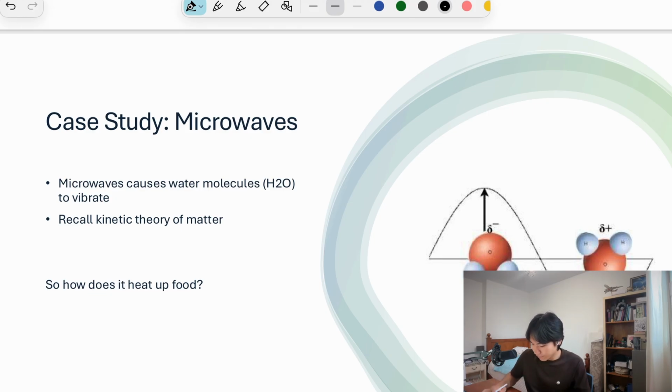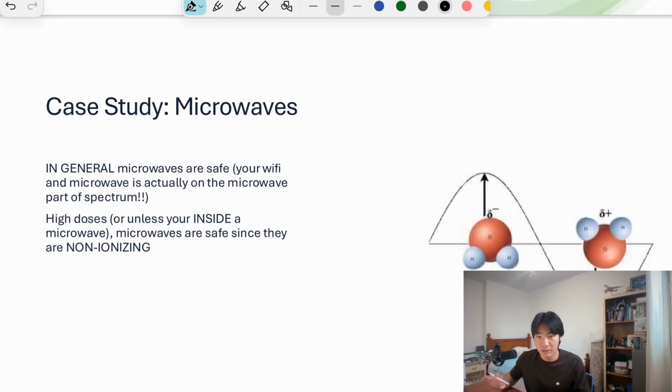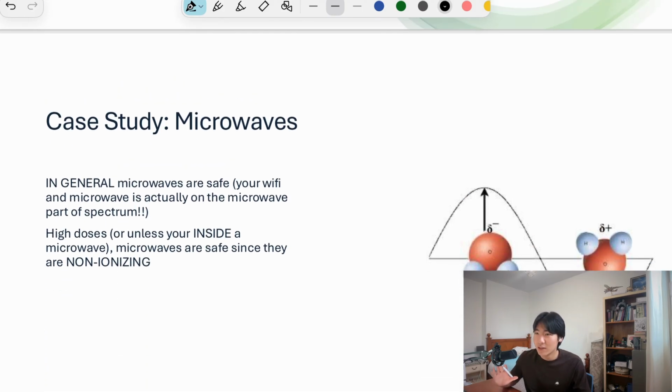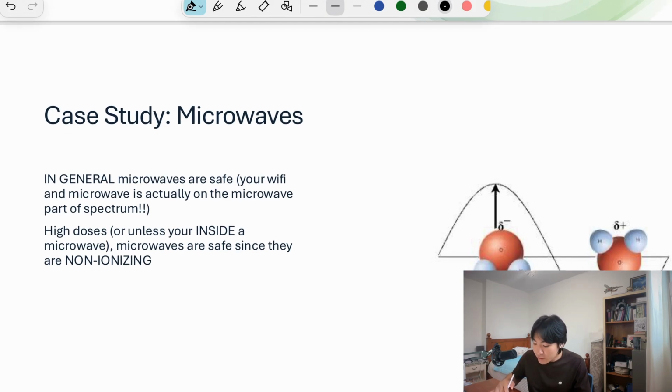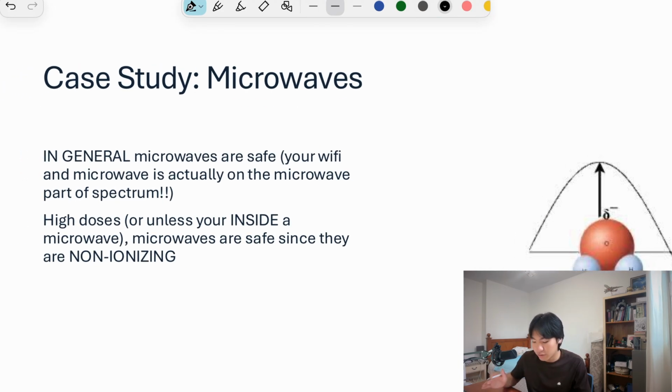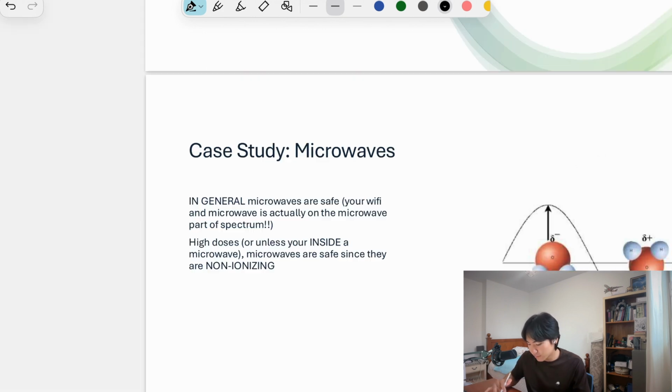So microwaves in general are not dangerous, but a specific wavelength of microwave is dangerous because it causes the water molecules to oscillate, heating things up. So only in high doses is microwave dangerous. And since they're non-ionizing, they can't cause cancer, for instance.